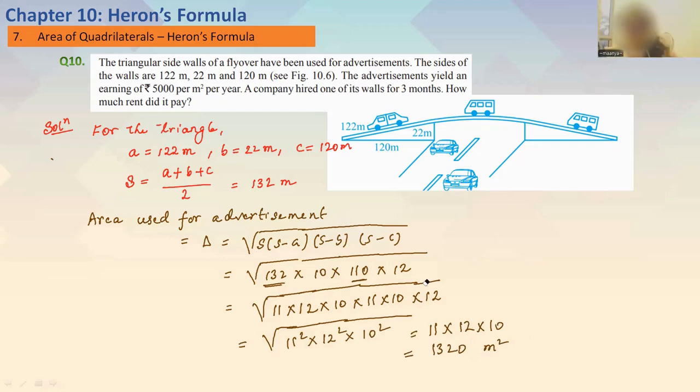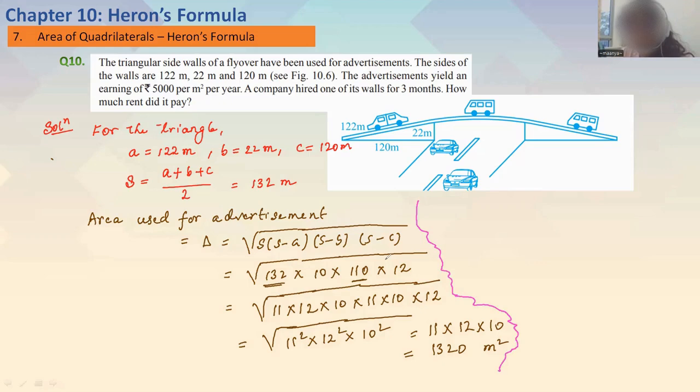So we have got the area. Now notice that the rate of revenue is given per meter square. The advertiser is paying 5,000 rupees.